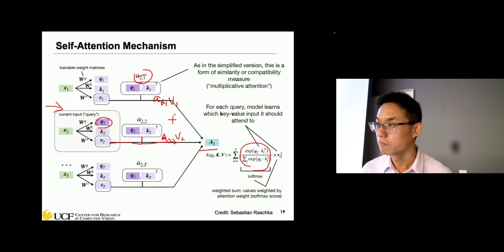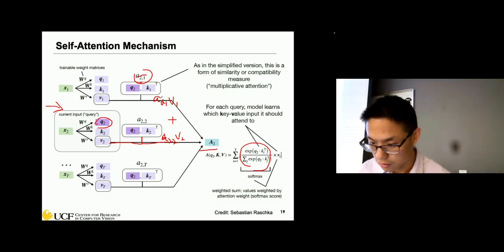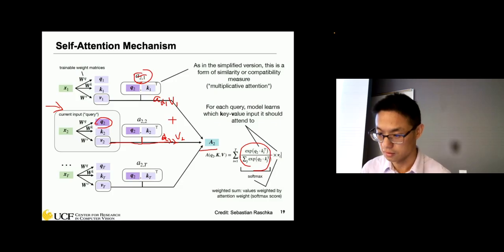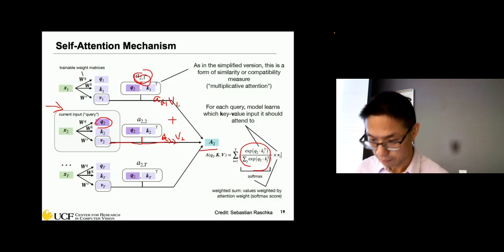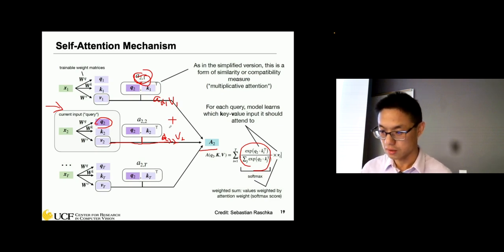Would it be a scalar value at the end? No, this is a vector. A21 is a scalar, and you multiply it with this V1 vector. A22 is also a scalar, and you multiply it with V2, so you have a vector.